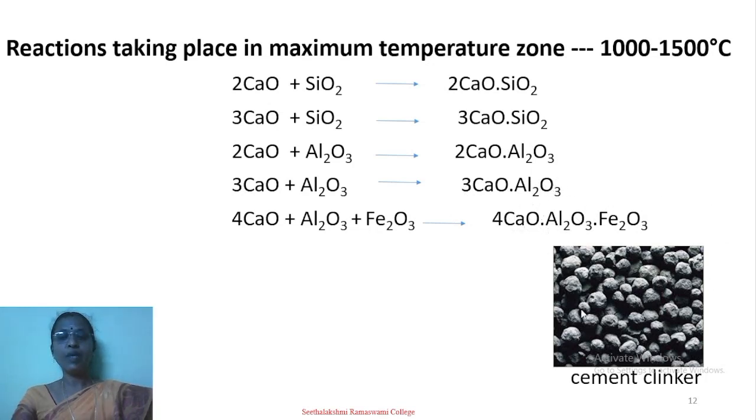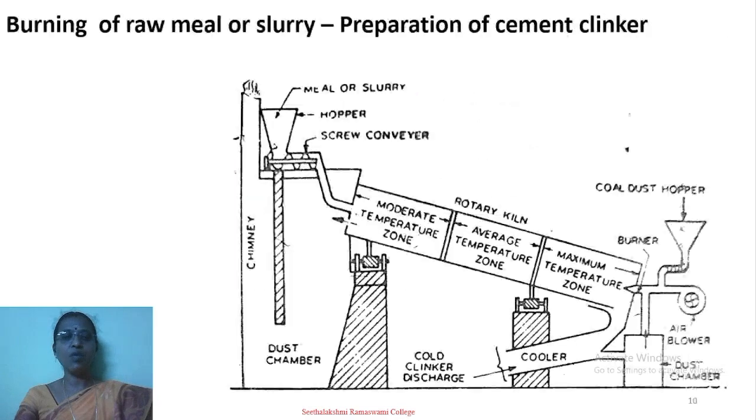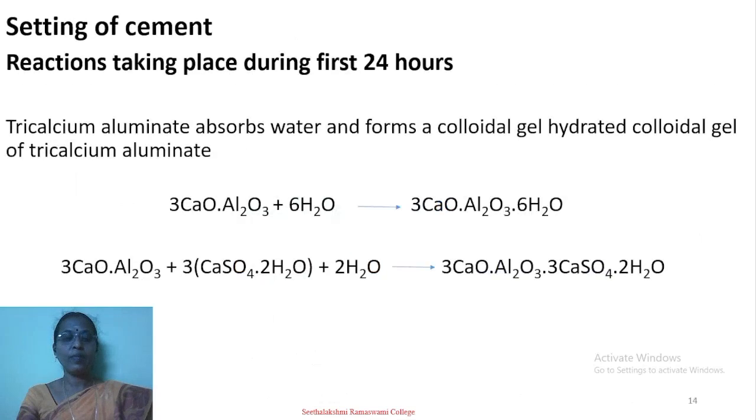The resulting product is known as cement clinkers. The cement clinker varies in size and it comes down into the cooler.